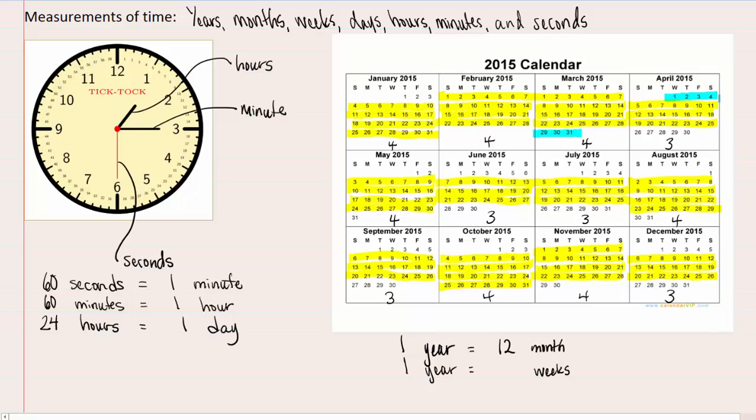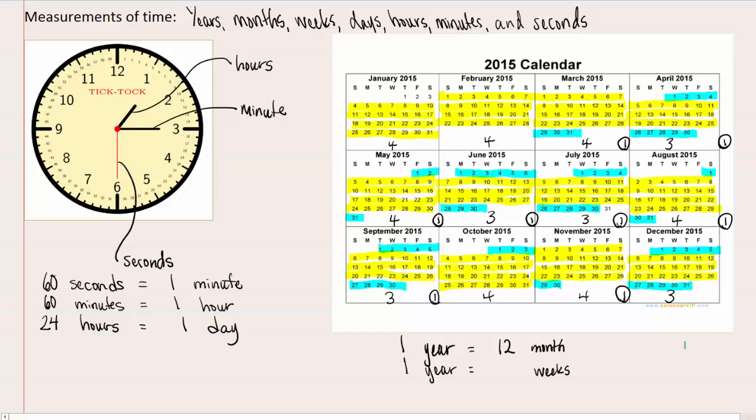Starting in March, its partial week carries over to April. So let's add 1 more in between March and April. The next partial week connects April to May, so let's add an additional 1 week. Let's continue to do this for the rest of the calendar. If we get to the end, we can see that December actually then rolls over into January.